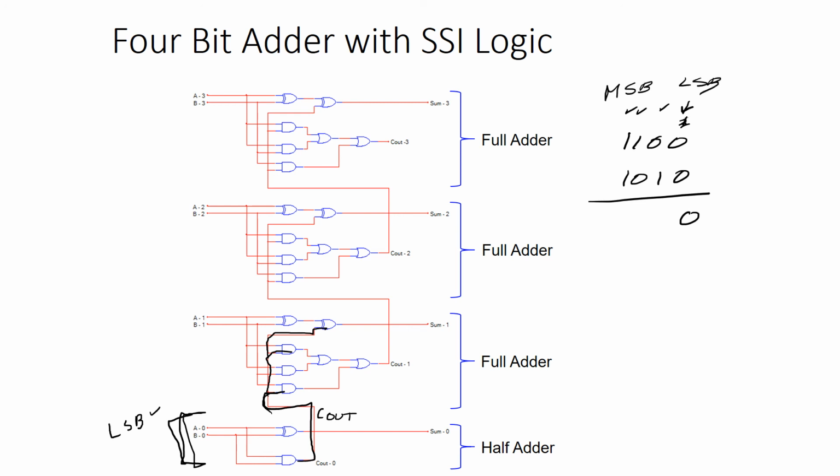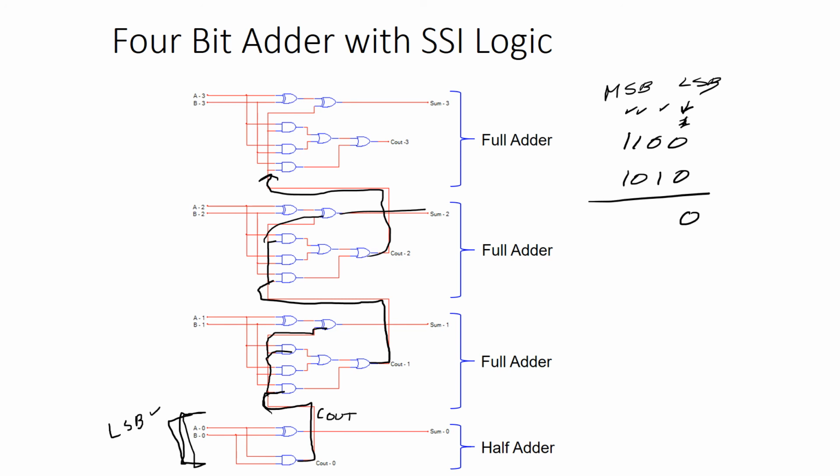So here is my carry out. From the next circuit, my carry out, of course, goes up into the next most significant bit. And then here's the sum of that. And then I have another carry out going up into the next circuit for my most significant bit.